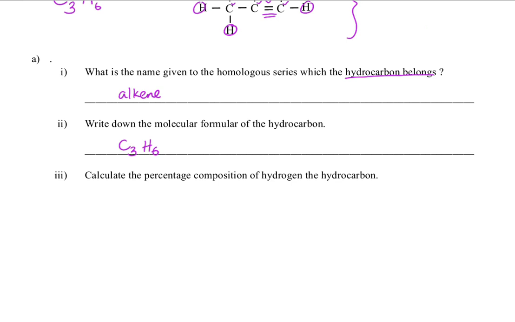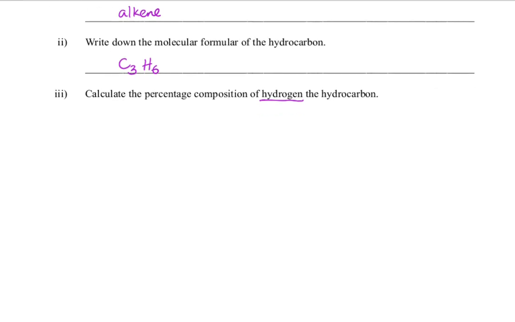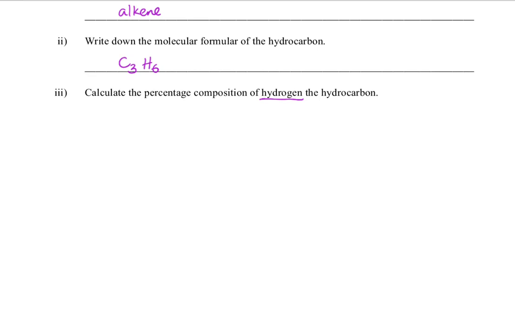Then we go to the next question, number 3. Calculate the percentage composition of hydrogen. So here we want to calculate the percentage composition of hydrogen. That is the mass of hydrogen over the total mass of the compound, in its percentage.